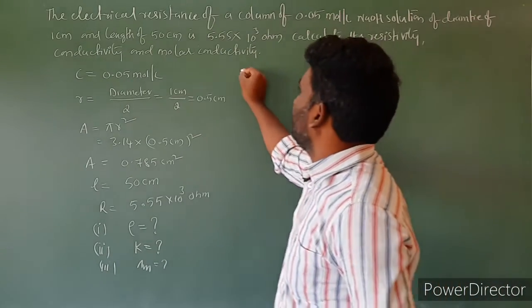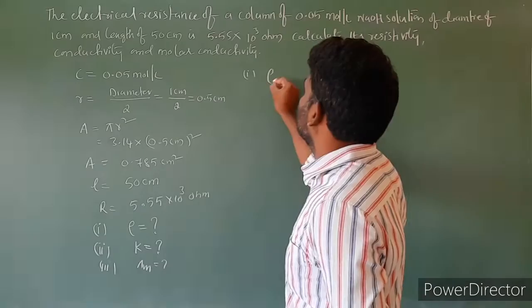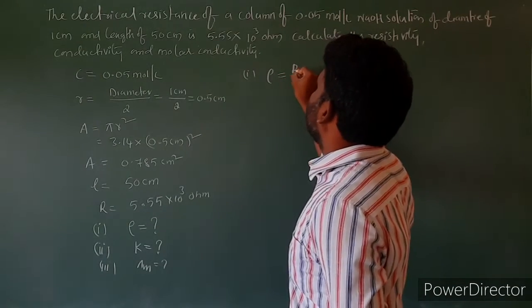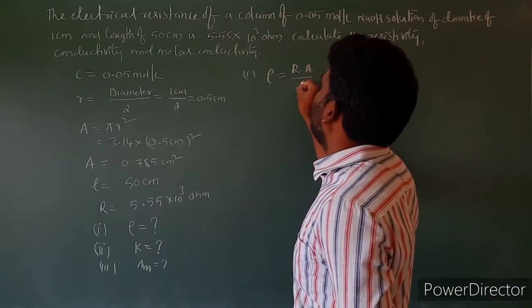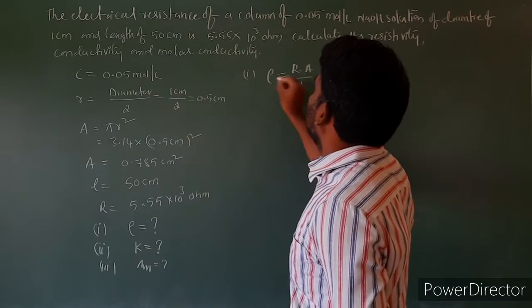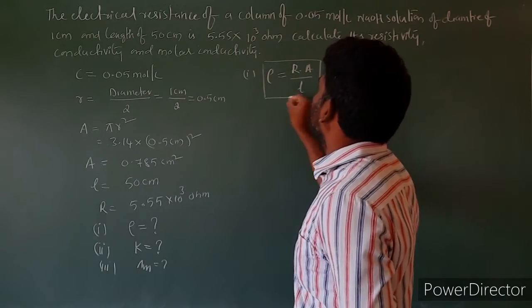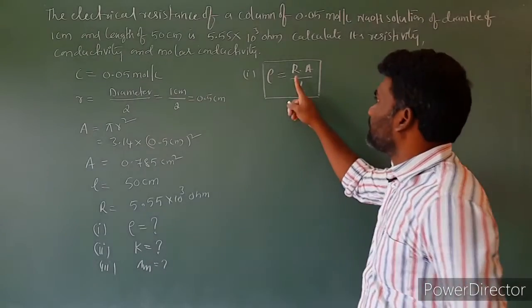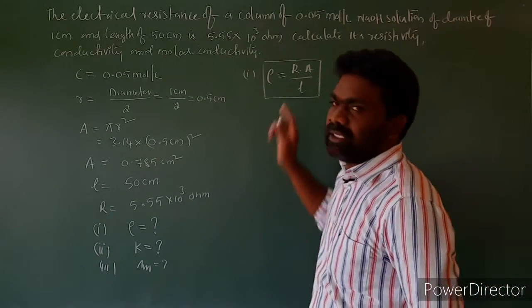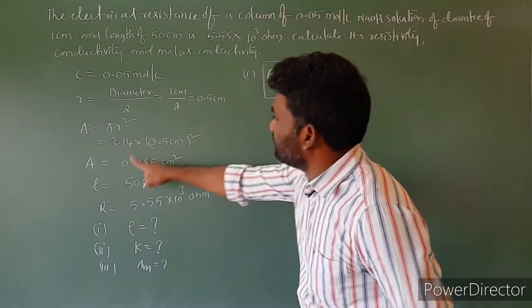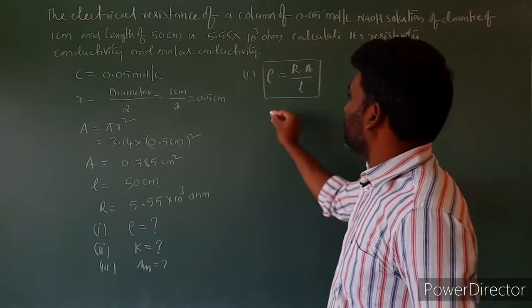First we will calculate resistivity. Rho is equal to R into A by L. So this is the formula for resistivity. Then we have to substitute the R, A and L values in the formula.